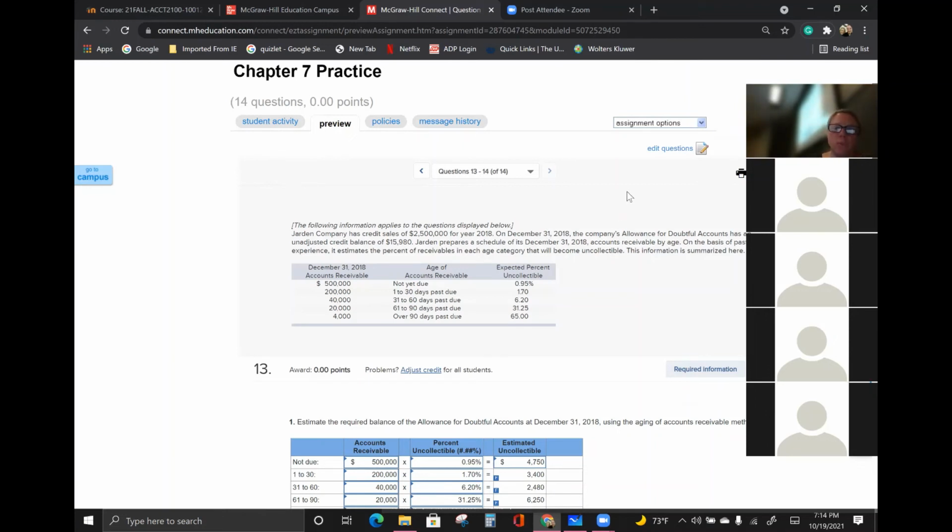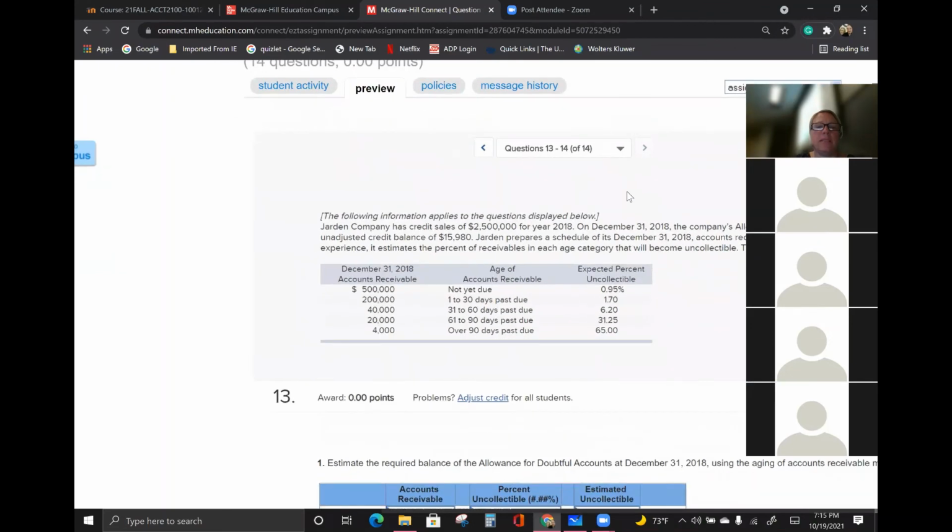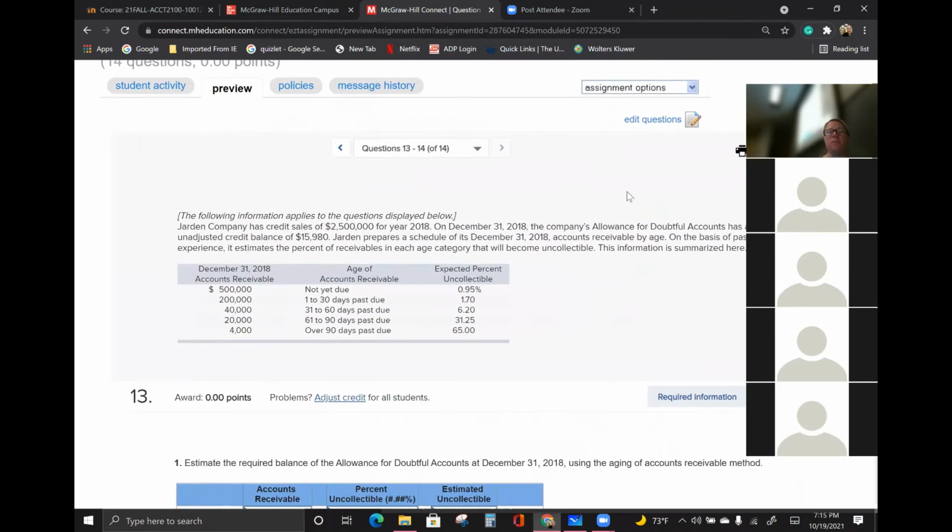On December 31, the company's allowance for doubtful accounts has an unadjusted credit balance of $15,980. Jordan prepares a schedule of its December 31, 2018 accounts receivable by age. On the basis of past experience, it estimates the percent of receivables in each age category that will become uncollectible.